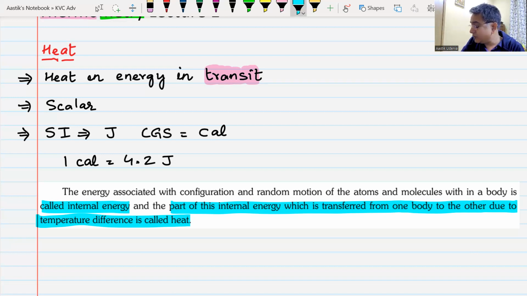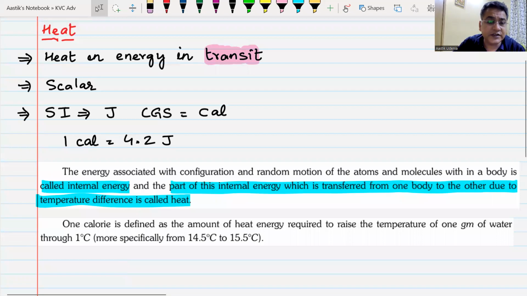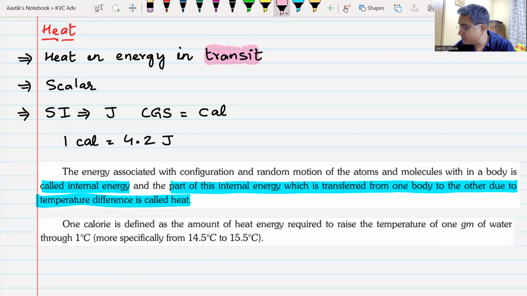But there is also one more definition of calorie in terms of heat transfer, and you must remember this definition. It is the amount of heat required to raise the temperature of 1 gram of water by 1 degree Celsius, and that change in temperature should be from 14.5 to 15.5 degrees Celsius. So that is what you must remember about heat.